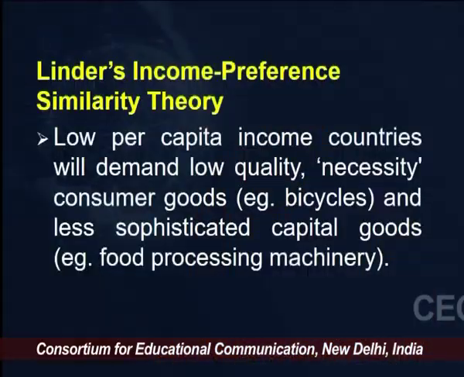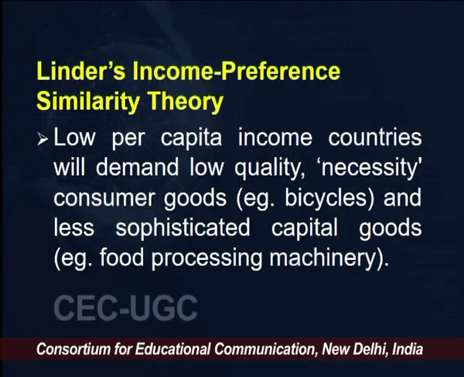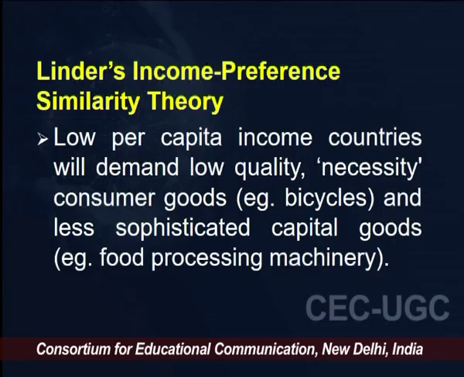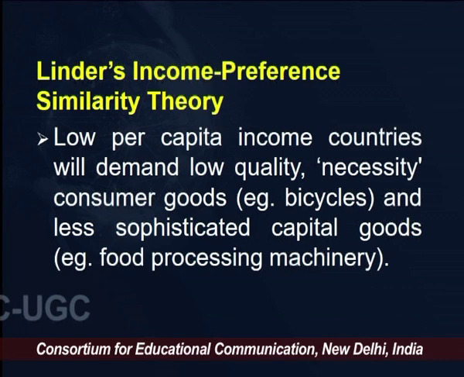But the low per capita income countries will demand low quality, necessity consumer goods, for example bicycles, and less sophisticated capital goods, for example food processing machinery. So, the products which will be selling in these countries will be different.